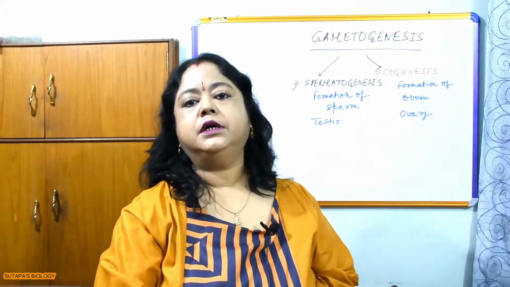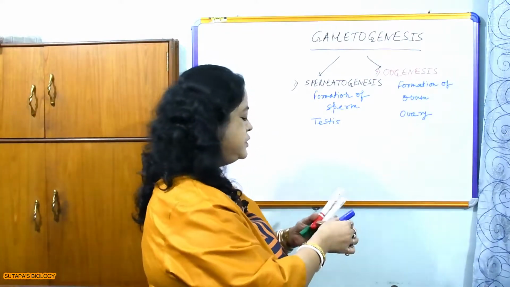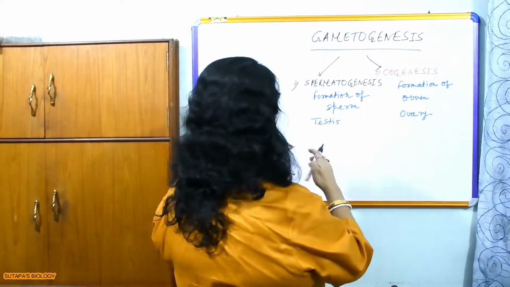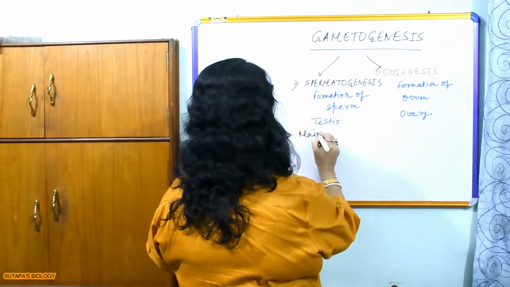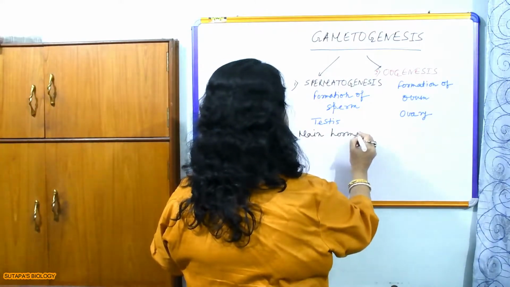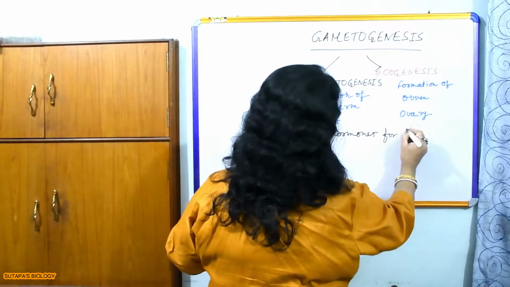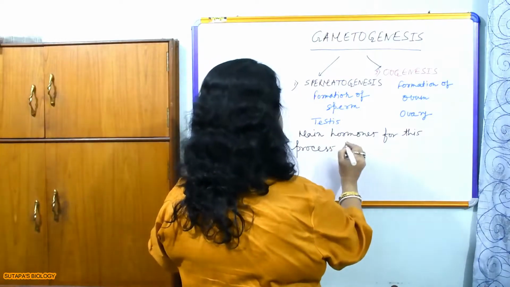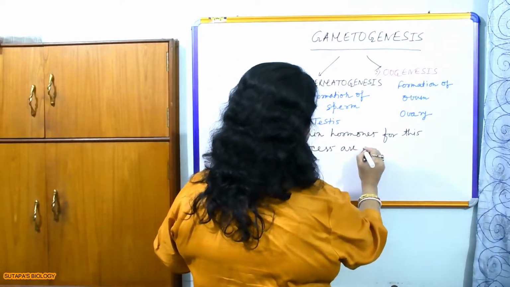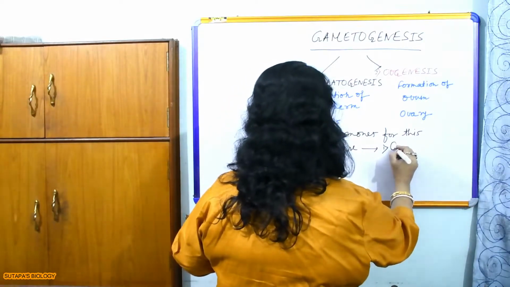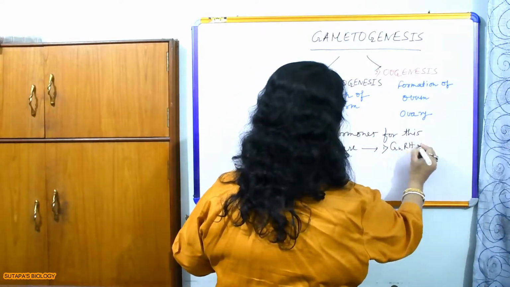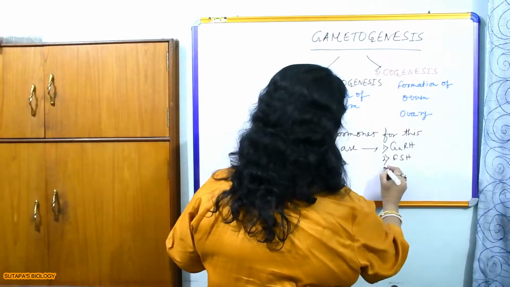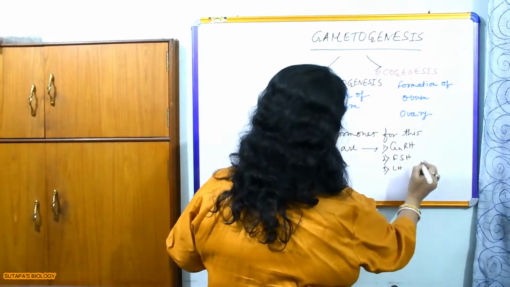The main hormones for this process are number one GnRH, number two FSH, follicle stimulating hormone, number three LH, luteinizing hormone.